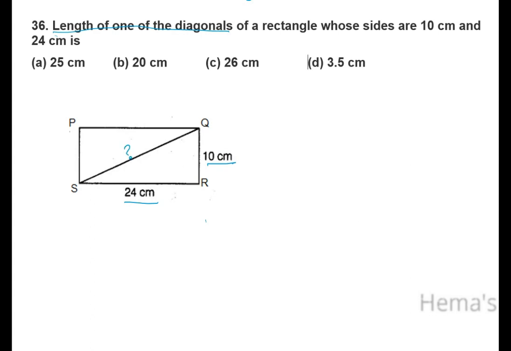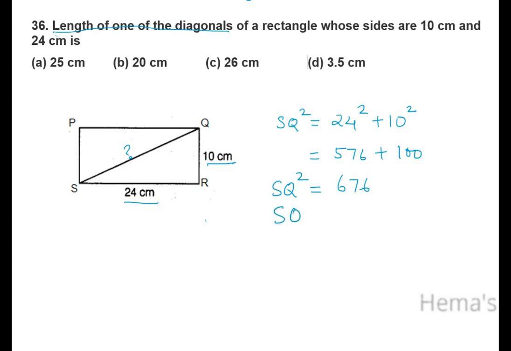Therefore, by Pythagoras theorem, SQ square is equal to 24 square plus 10 square. 24 square is 576, plus 10 square is 100. This is equal to 676. SQ square is equal to 676. Then SQ is equal to the square root of 676, which is equal to 26 centimeters. Hence, the correct option is C.